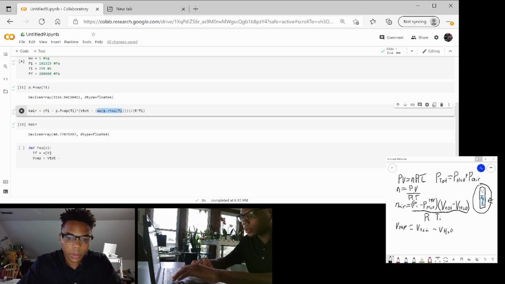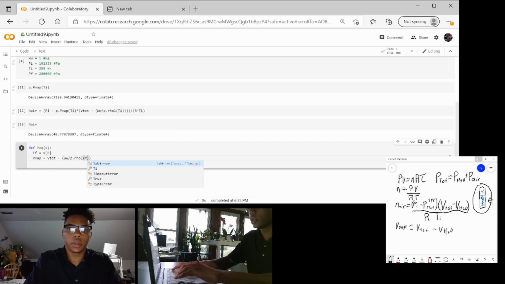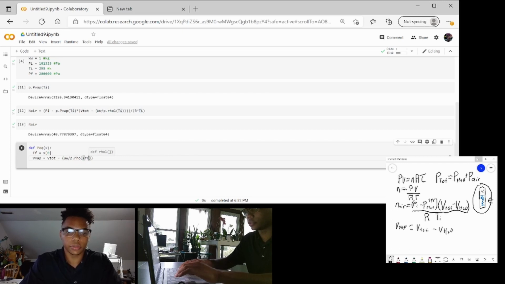Go ahead and copy and paste. Doesn't want the two. Our water weight divided by P.RHOL of our, this time, final temperature, so that we're using our final temperature in different equations.